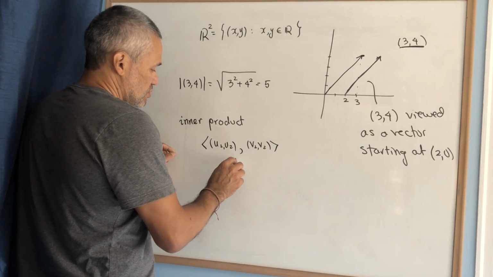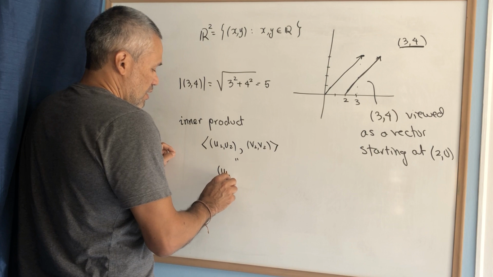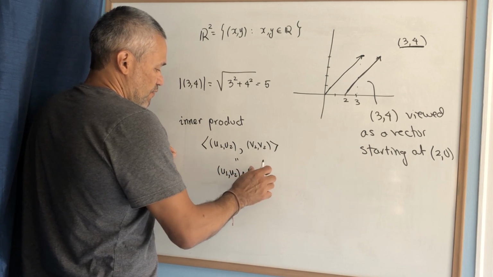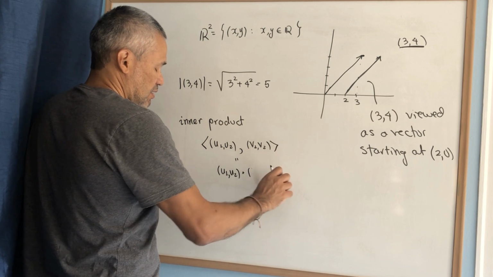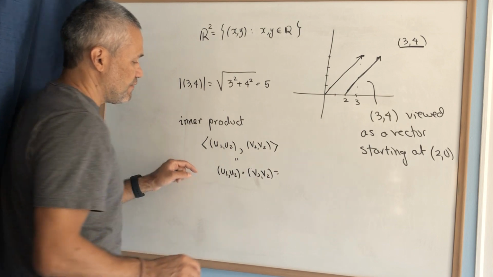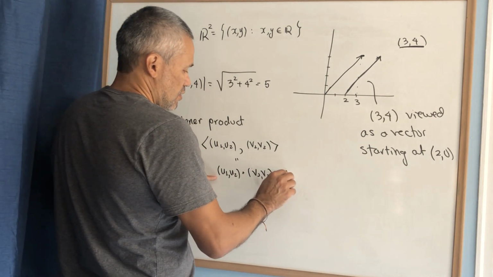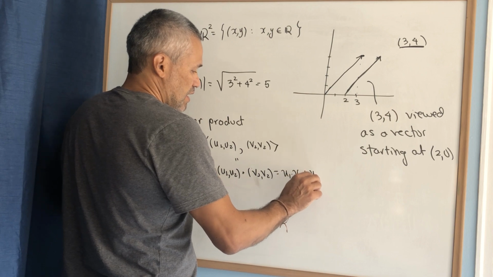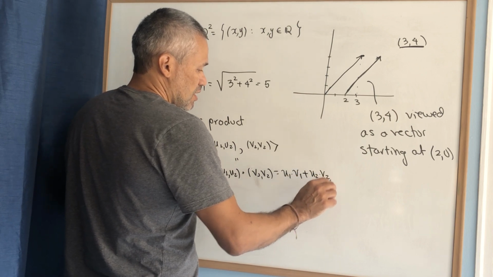Sometimes it's denoted also with a dot, and the definition is u1 times b1 plus u2 times b2.